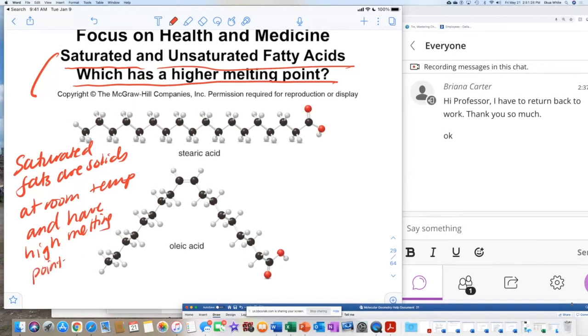Okay, they're most likely a solid at room temperature. They do taste good though. I'm just thinking about when you cook bacon and the grease is left over and then it solidifies. When it's solidifying, I'm like, yeah, there goes that saturated fat, right? It becomes solid at room temperature, but it does taste good.